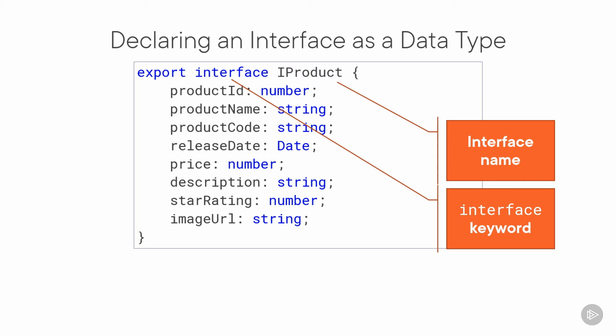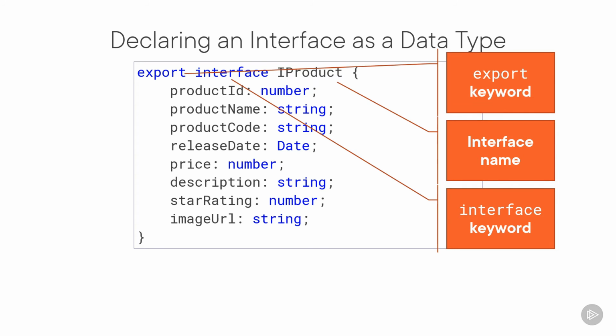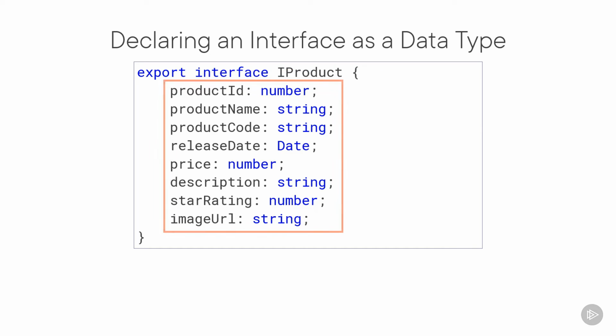By some naming conventions, the interface is prefixed with an I for interface, though many TypeScript developers leave off this prefix. The export keyword here at the front exports this interface, thereby making it available for use anywhere in the application. The body of the interface defines the set of properties appropriate for this type.